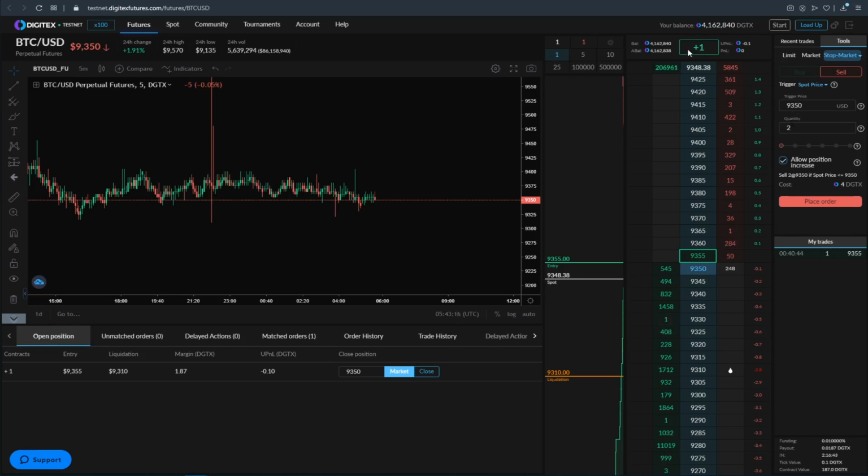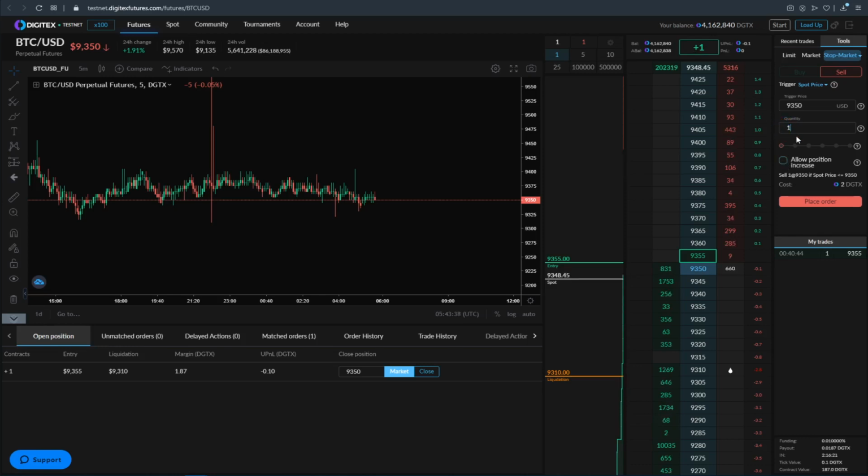One of those contracts would take me to neutral out of a position, and then the other contract actually flips me short. And so if I have that checked, it allows me to be able to do that. If I did not have that checked, then this order right here would essentially just take me to 0, so I'm out of a position instead of flipping short because I don't have that selected.